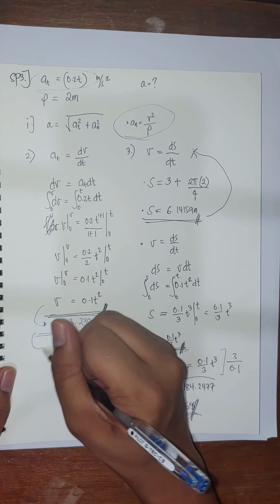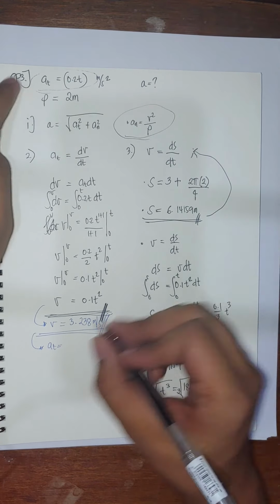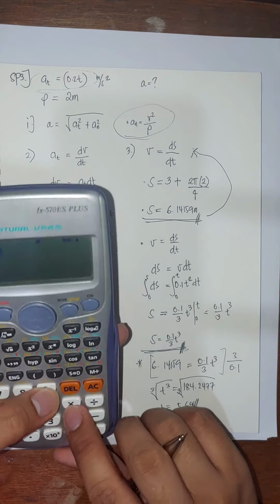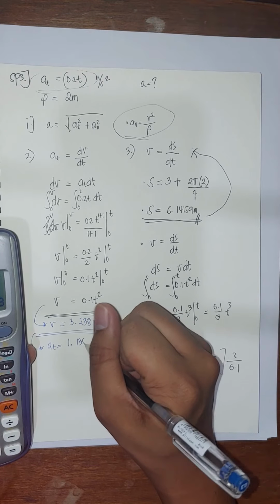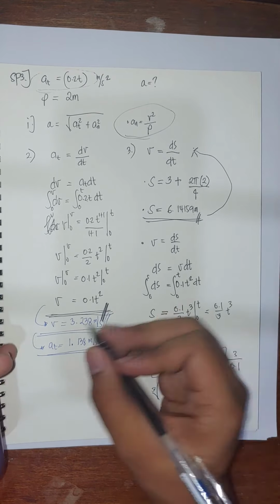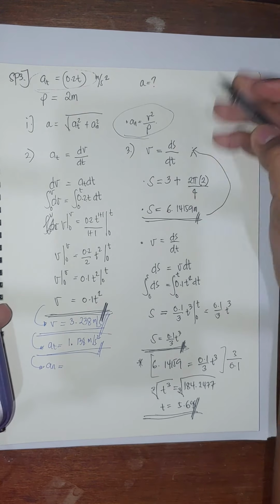The tangential acceleration is given by 0.2 times the time, 0.2 times 5.69, so our tangential acceleration is 1.138 meters per second squared. Then our normal acceleration is v squared over rho.